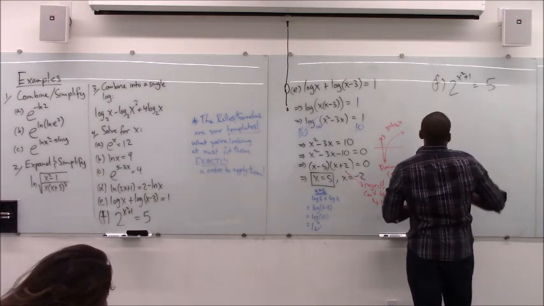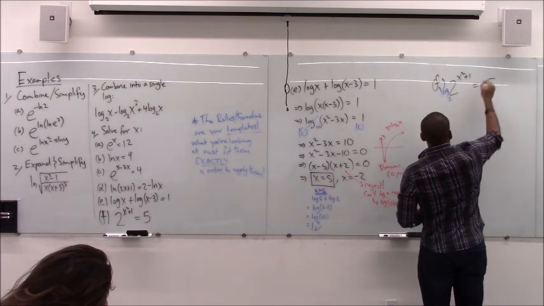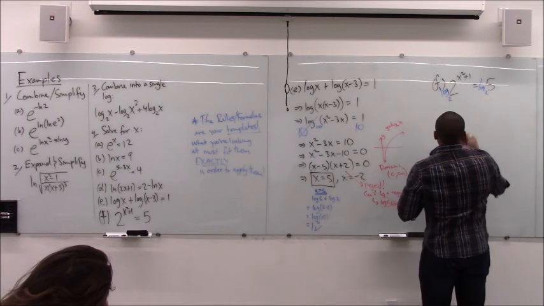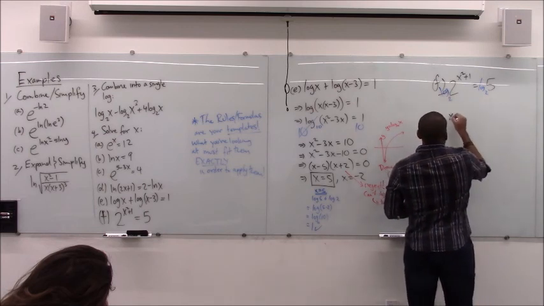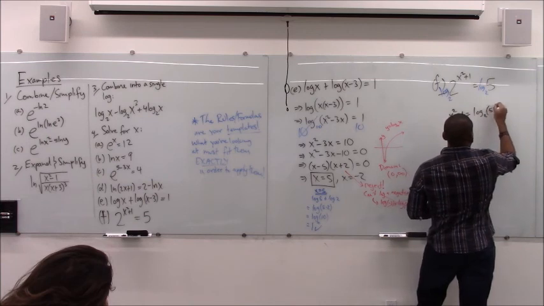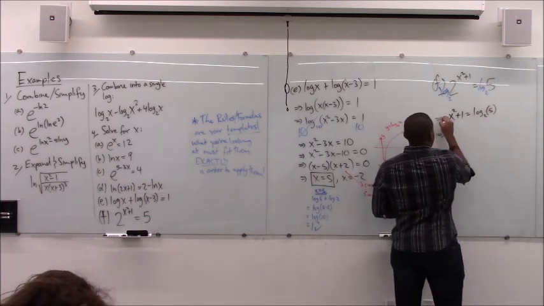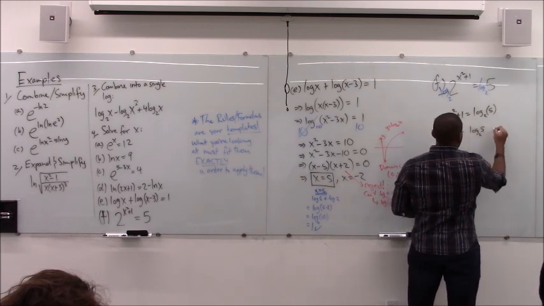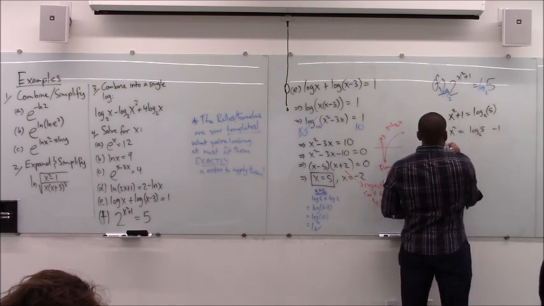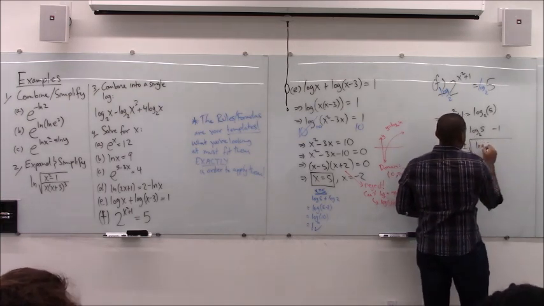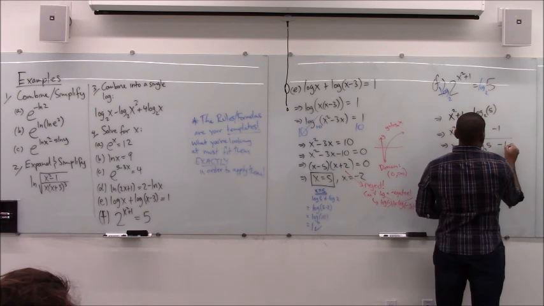The base is 2, so take log base 2 of both sides. That cancels here, and I have x squared plus 1 equals log base 2 of 5. You can solve for x. x squared is equal to log base 2 of 5 minus 1. And so x is equal to plus or minus the radical of log base 2 of 5 minus 1.